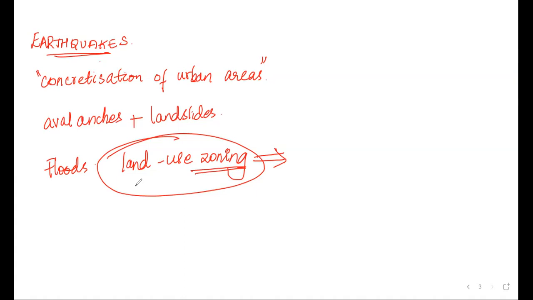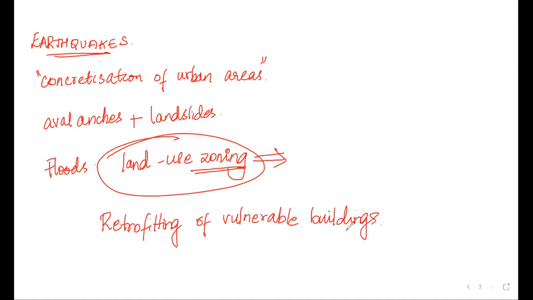Okay, and then the next point is retrofitting of vulnerable buildings. What is retrofitting of vulnerable buildings? Usually if you see some PWD, some age-old, what do you call, railway quarters. Railway quarters, heard of this?